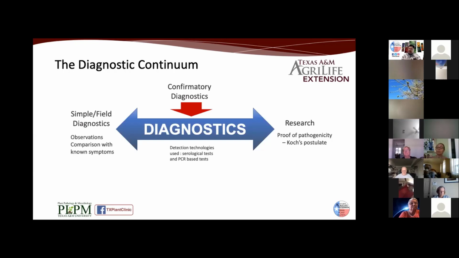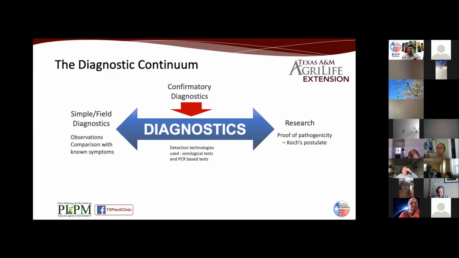So in a diagnostic clinic like the one I run, people want to know answers. They don't want to wait weeks or years for answers. So how do we deal with what we call a happy medium? What we have here is something called confirmatory diagnosis.